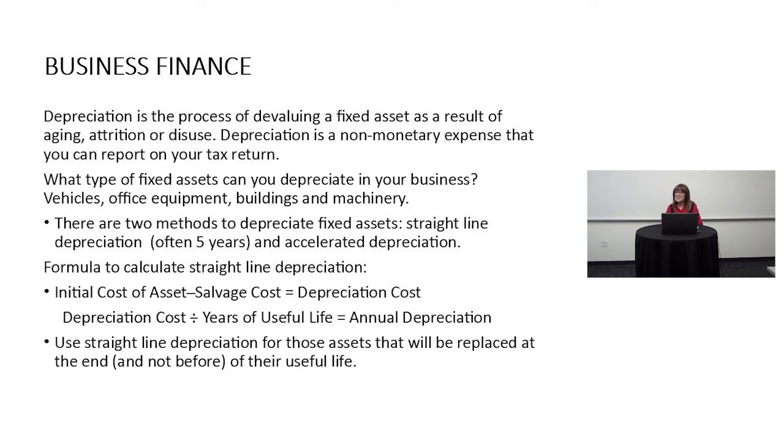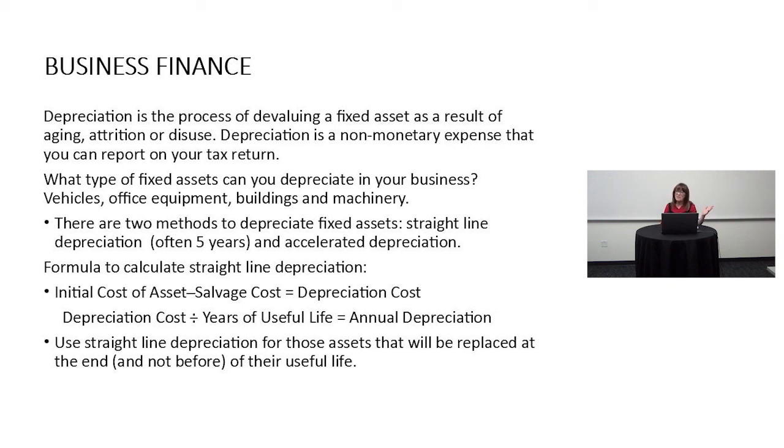Depreciation is the process of devaluing a fixed asset as a result of aging, attrition, or disuse. Depreciation, a great accounting term for getting a non-cash discount from your taxes. Depreciation is a non-monetary expense that you can report on your tax return.